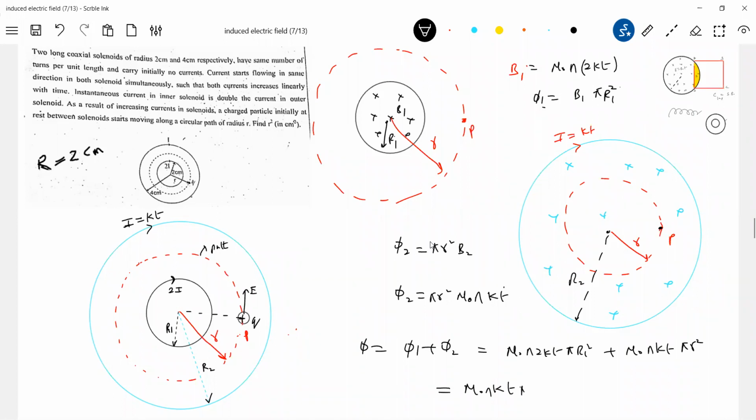I'll take mu naught n kt and pi outside. So 2R1 square plus r square. So whenever more than one solenoid comes, you take help of the superposition principle. Then differentiate this, we'll get the EMF induced. Then we can go for induced electric field.